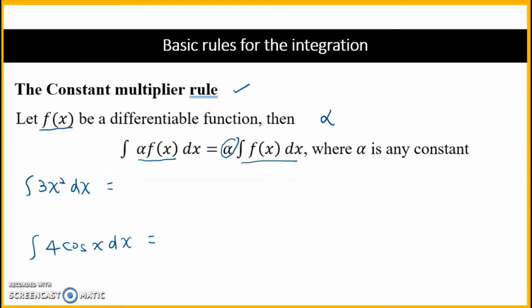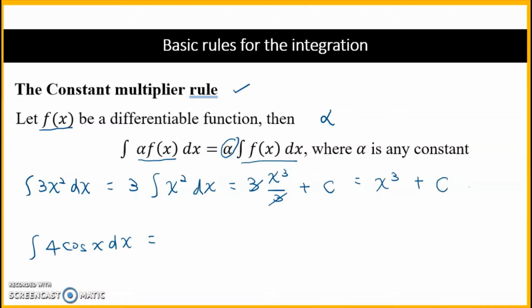So for example, the integration of 3x squared is equal to 3 times the integral of x squared with respect to x. So we have 3 times x cubed over 3 plus c, which is then equal to x cubed plus c.